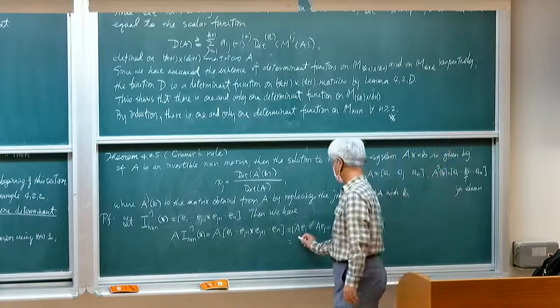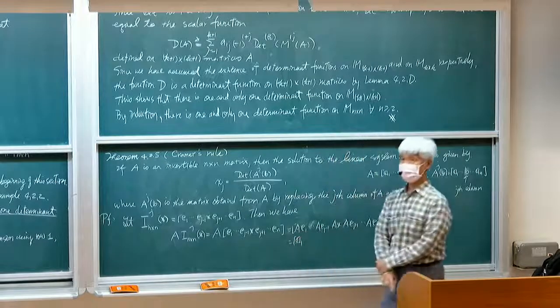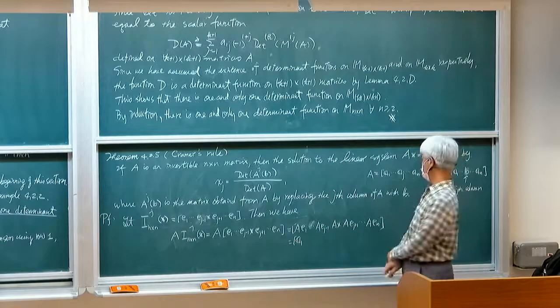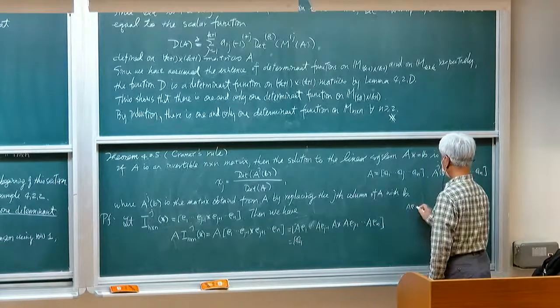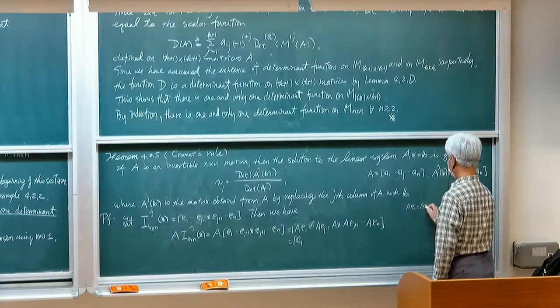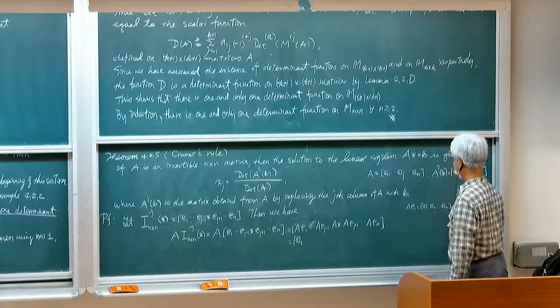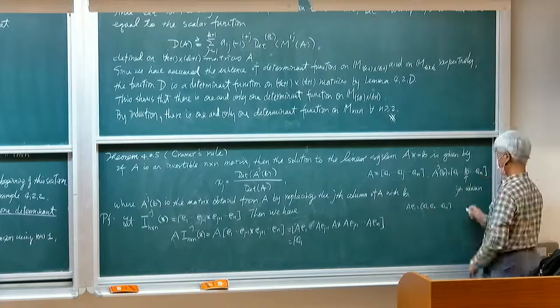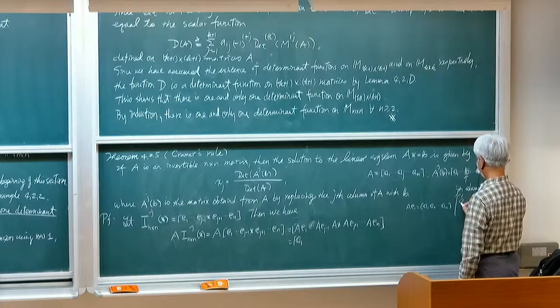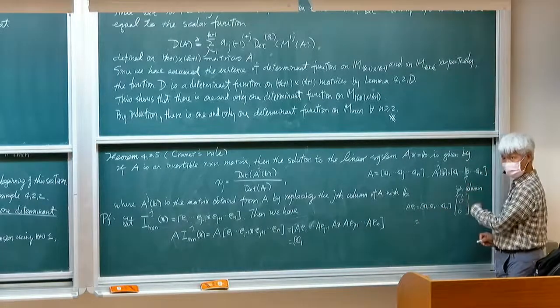Ae1 is just the first column of A. A can be expressed as a row vector of columns, A1, A2 up to An, and here is the column vector 1, 0, and so on.